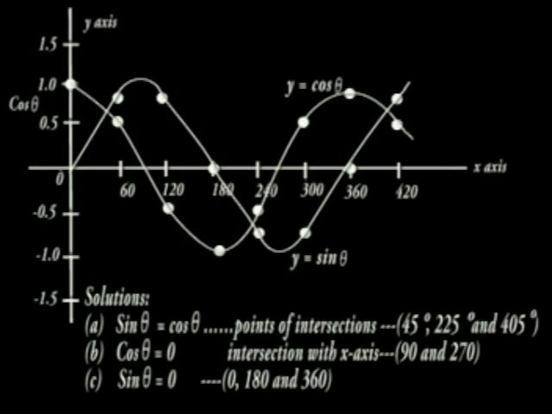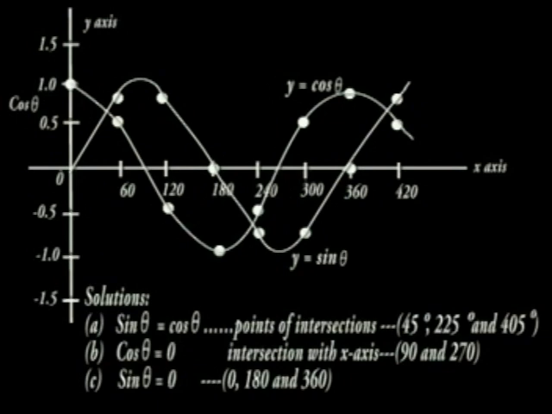In the solution, sin theta minus cos theta equal to 0 means that sin theta is equal to cos theta. These are all points of intersection of the two graphs, and that is 45 degrees, 225 degrees, and 405 degrees.